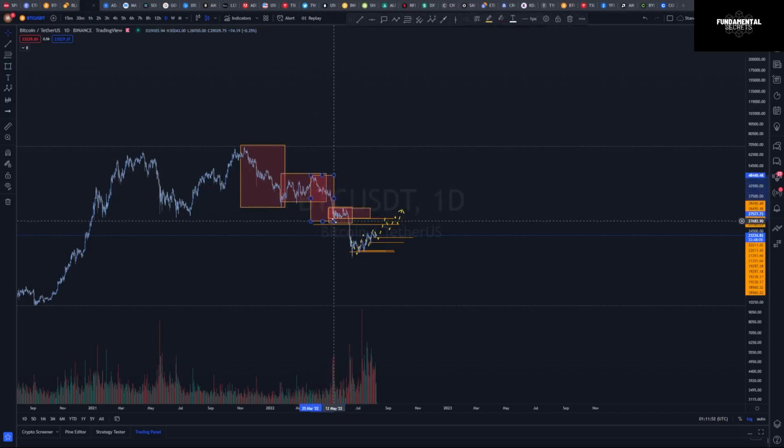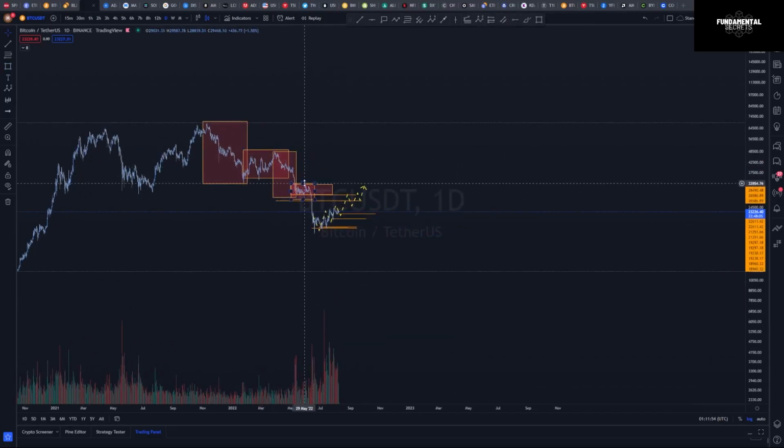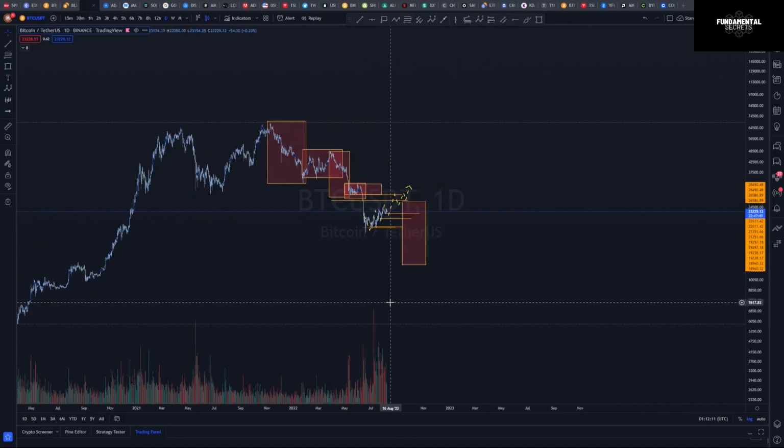So buying, selling, and now we get market makers willing to buy, then market makers willing to sell. And then what do we get? We'll probably get market makers again willing to buy, right? So that's why we have to understand the structure.